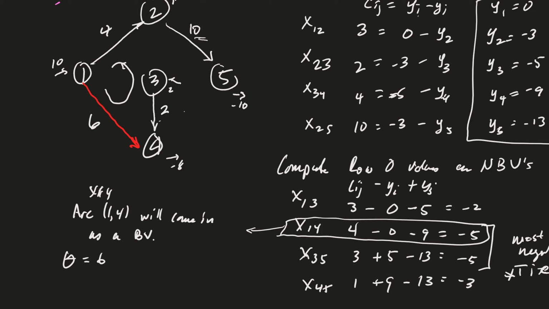Good. Let's see. Get rid of that. Oh, we didn't have 4, 5. Okay, so I think we're all set now, right?